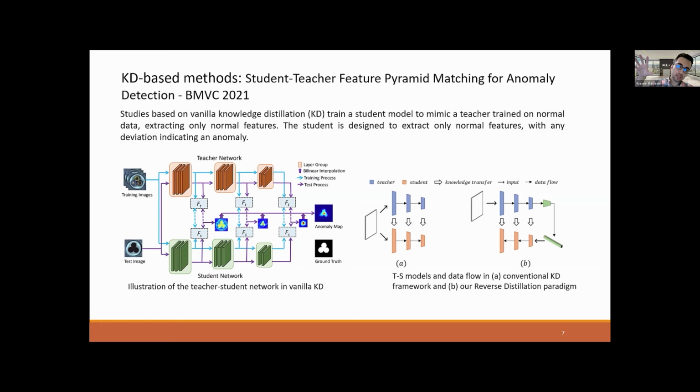The main goal of knowledge distillation is to compress a network into a lightweight network for any task that you have. But in our case, we want to leverage the concept of knowledge distillation to do anomaly detection. In knowledge distillation, we feed our normal data.